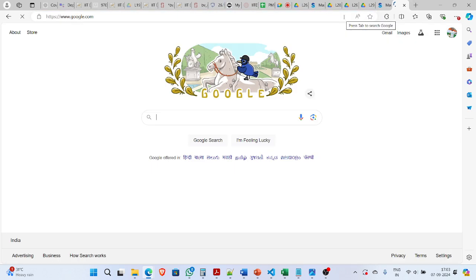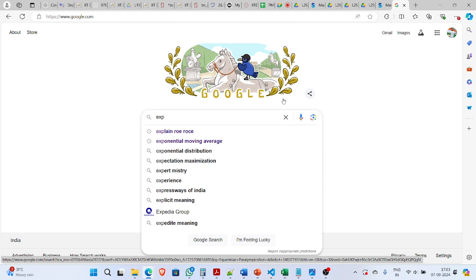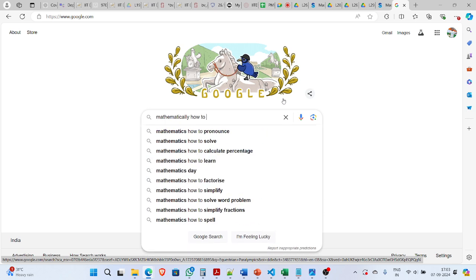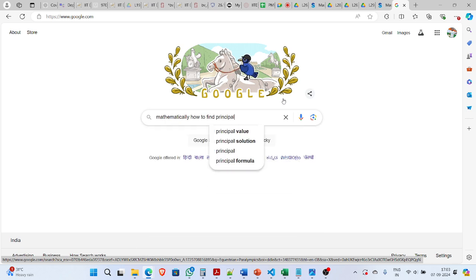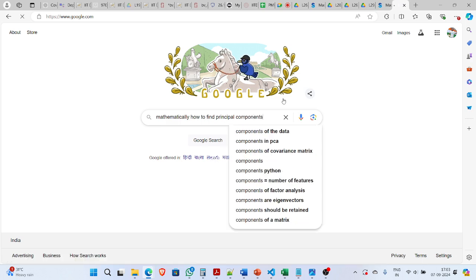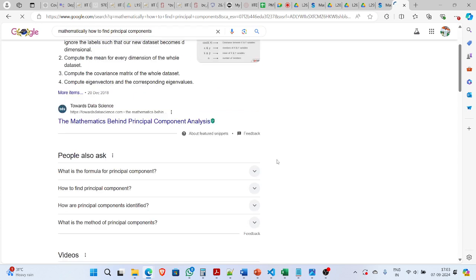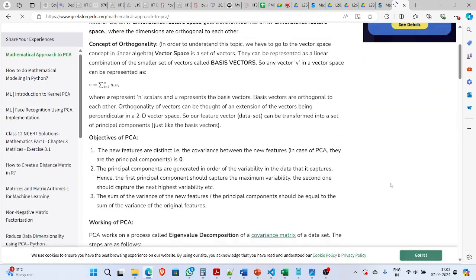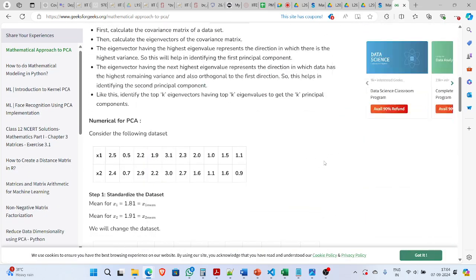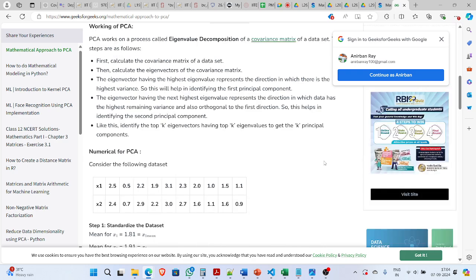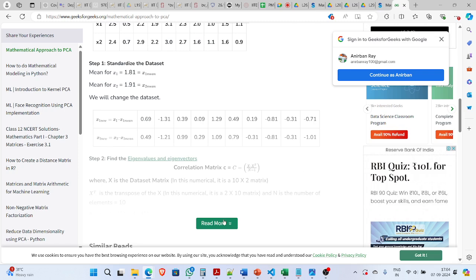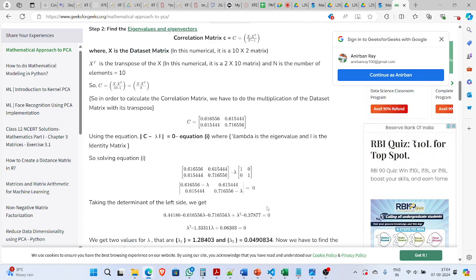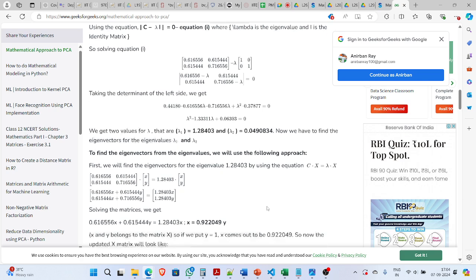The eigenvalue problem is solved, and the eigenvectors we have got.